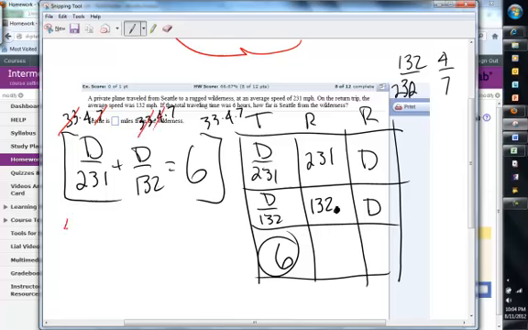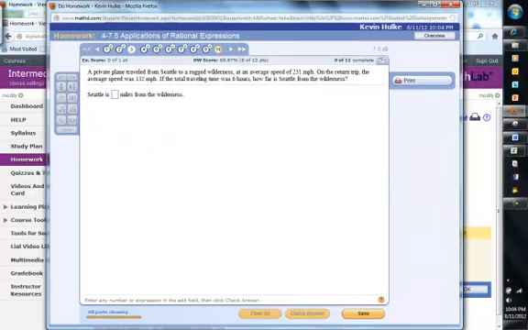So we have 4d plus 7d equals, I'm going to just multiply that, 6 times 33 times 4 times 7, and I get 5,544. 11d is 5544. So divide that by 11, and we get d is 504. So the distance to the wilderness is 504.